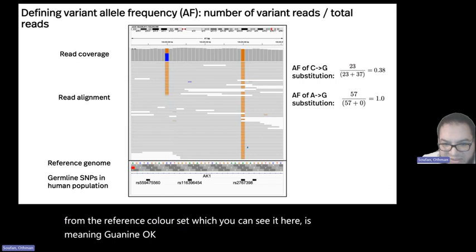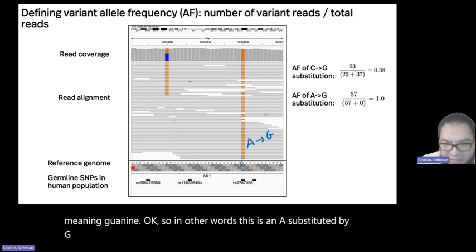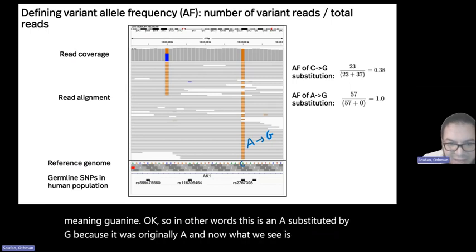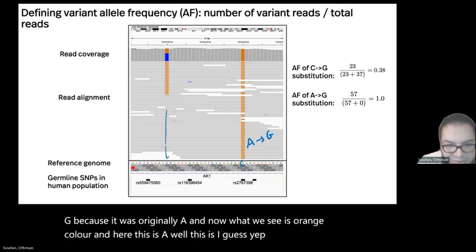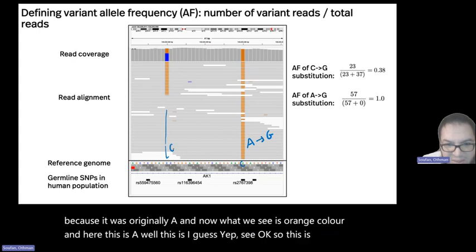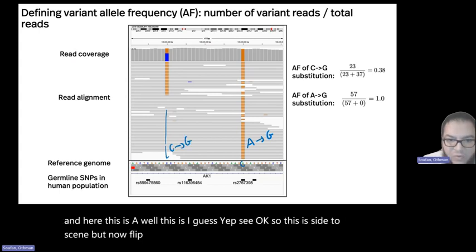So in other words, this is an A substituted by G. It's originally A, and now what we see is orange color. And here, this is, I guess, yep, C. So this is cytosine, but now flipped into guanine.